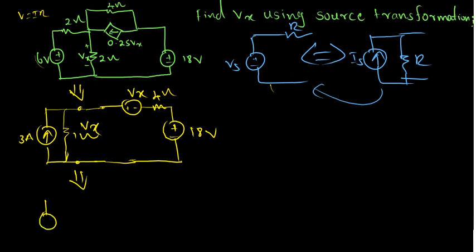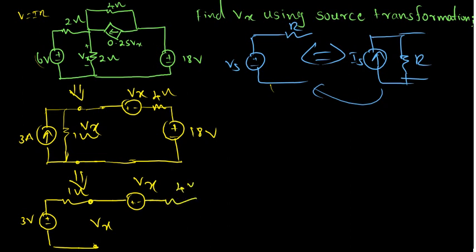So 3 amps and 1 ohm becomes 3 volts and 1 ohm here. Again it has a Vx, and here also Vx, a 4 ohm, and an 18 volt source.